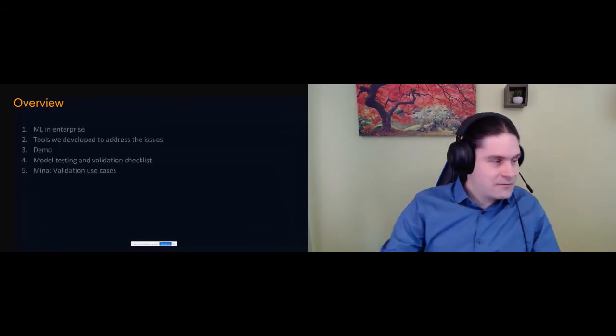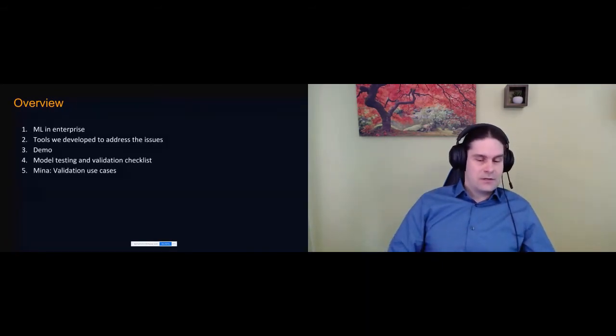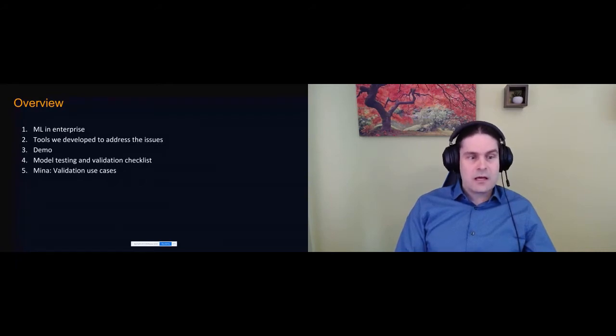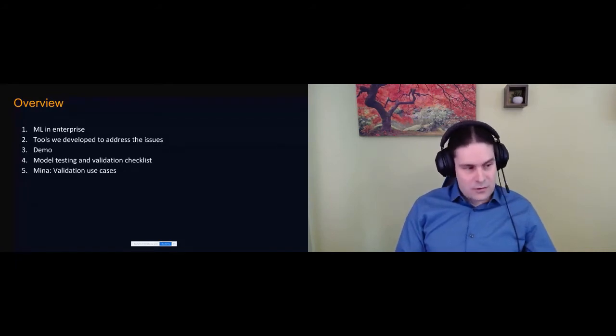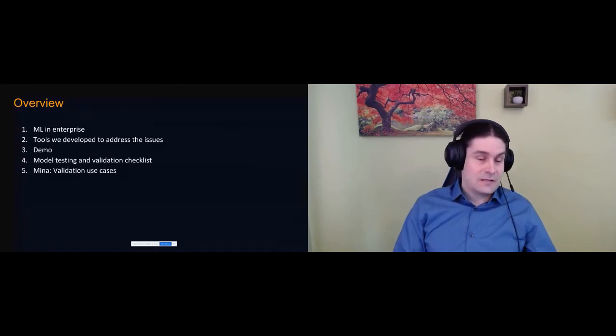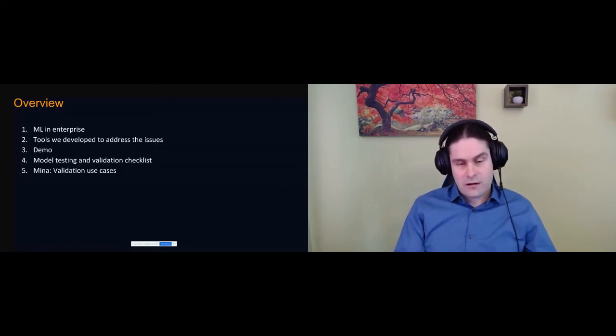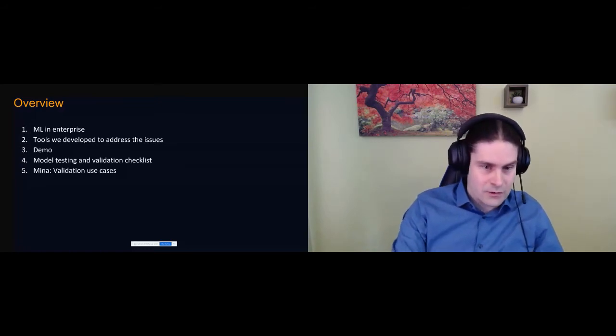And so I'll give a little overview. I'll talk quickly about machine learning in enterprise, and then I'll show you and tell you some of the tools we developed to address these issues. And after this, I'll present something called a testing and validation checklist, so that using the tool, you can go through the checklist and figure out what is happening in your ML models, what you can do to improve it, and also how you can use this to prove to business stakeholders if it's going to work when you deploy it.